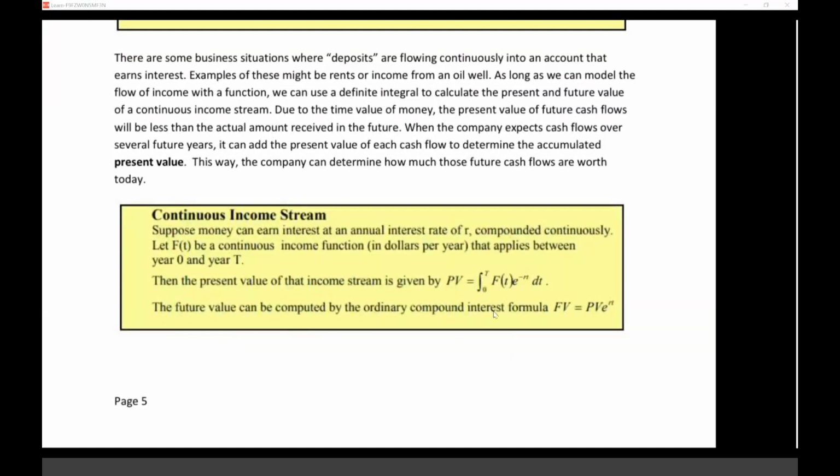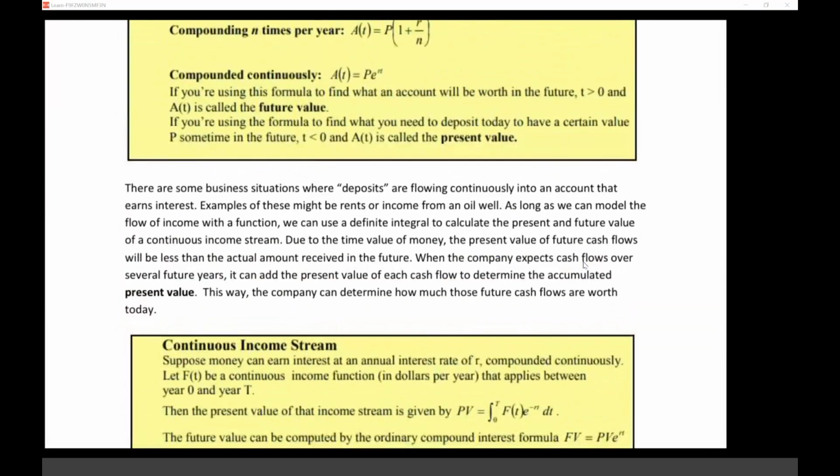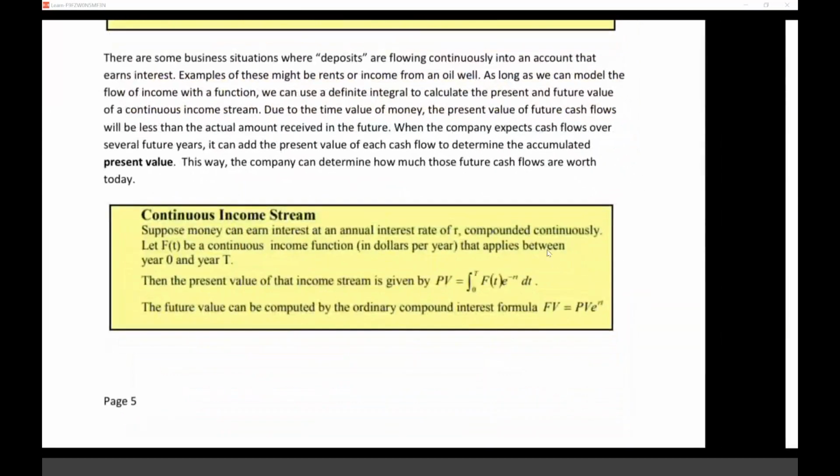Future value is the ordinary compound interest formula, present value times e to the RT. So here, this is negative because we're going backwards. Now notice, folks, this is going to be a product of functions.